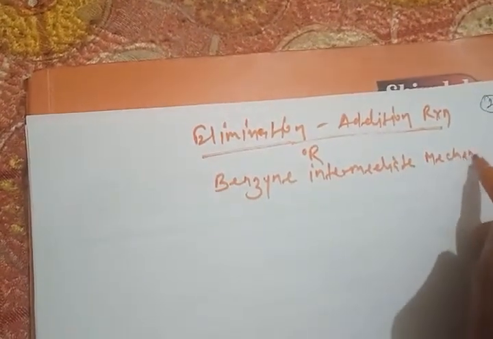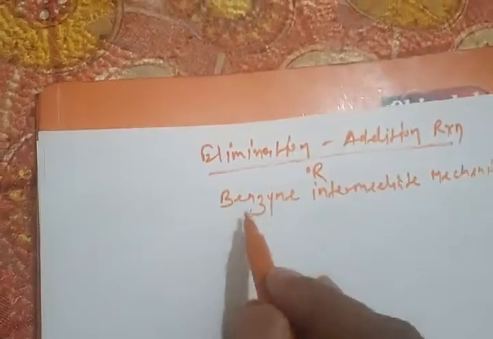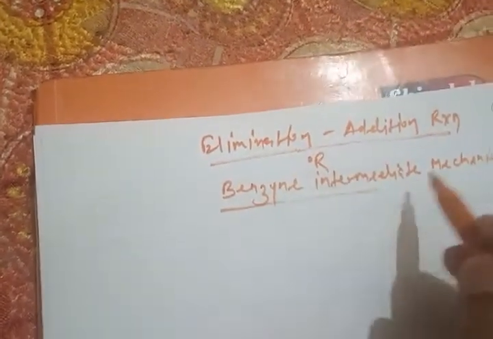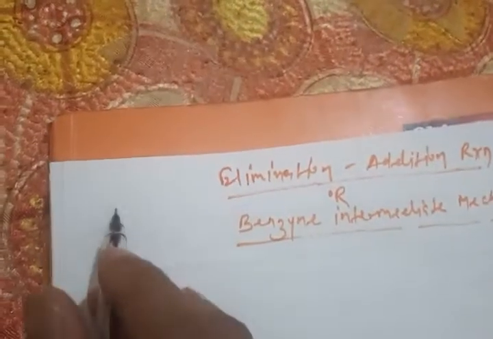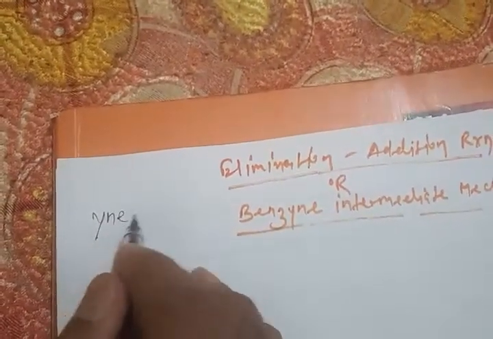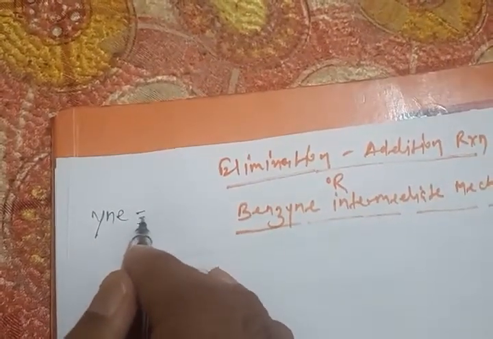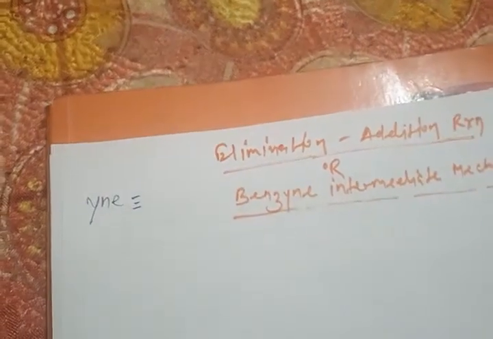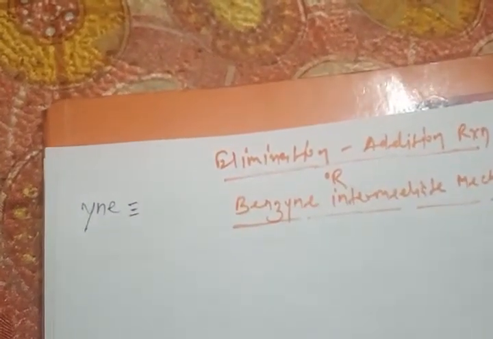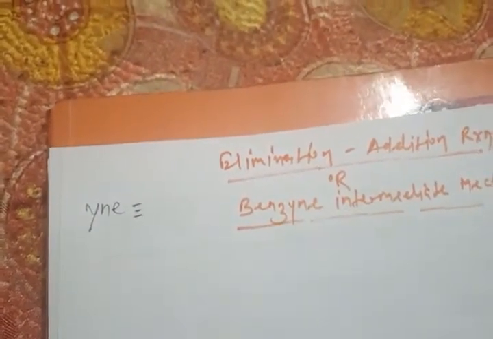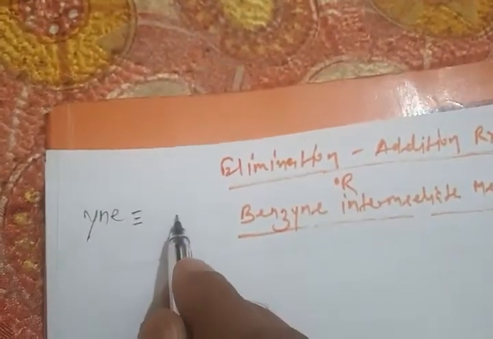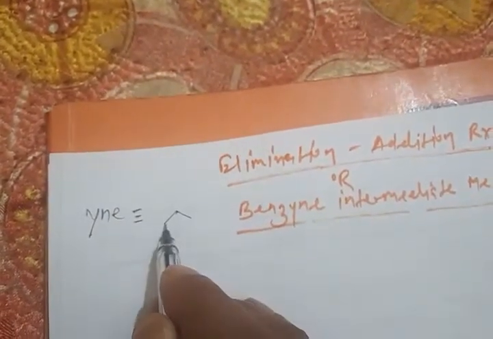So first is to understand what is this benzyne. Nothing to worry, we all know that yne is what? Yne means triple bond. Alkane, alkene, alkyne. So benzyne means benzene which contains a triple bond. That means something like this.